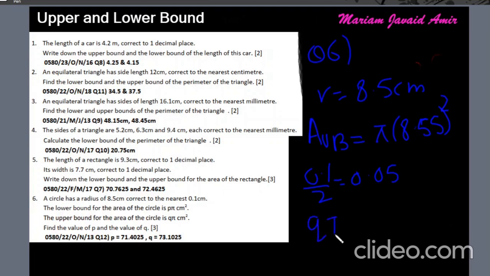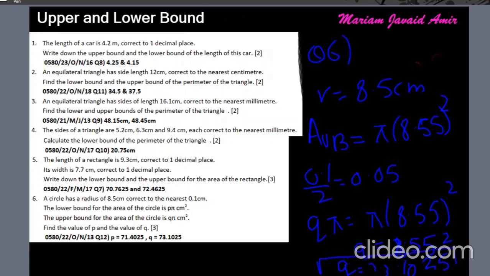Yes, q pi equals upper bound area, 8.55 squared. So q is simply 8.55 squared, which is 73.1025. Yes, this is the answer for q.